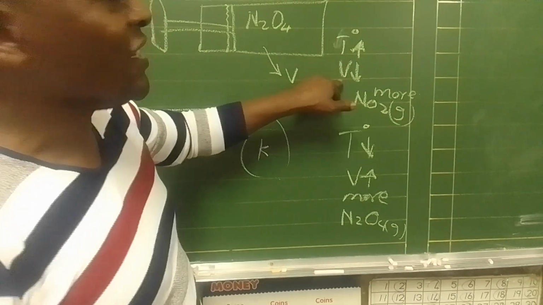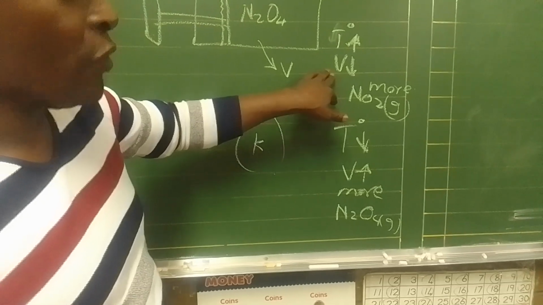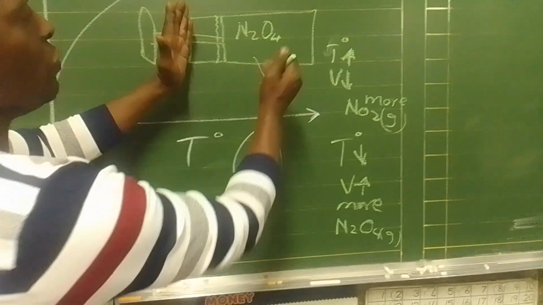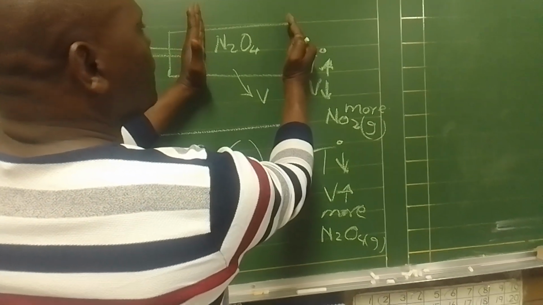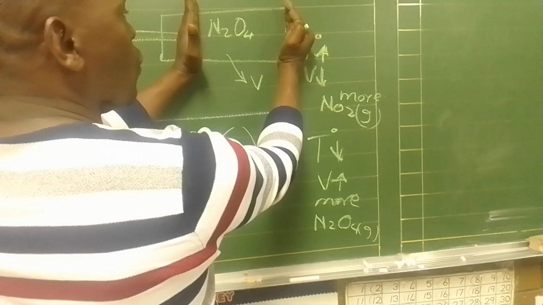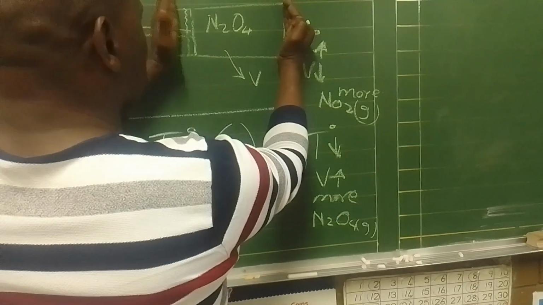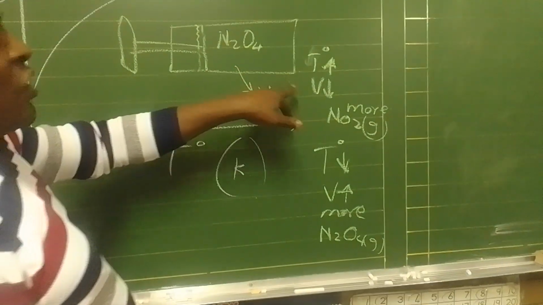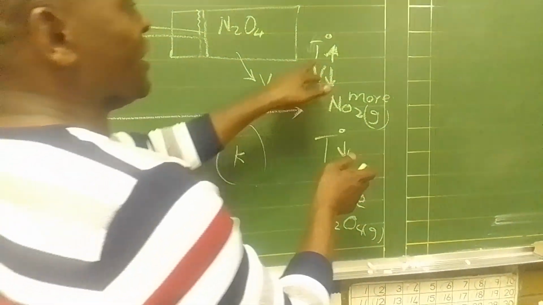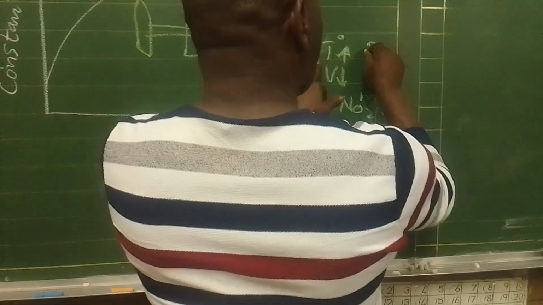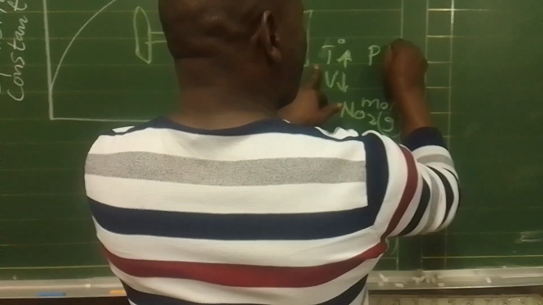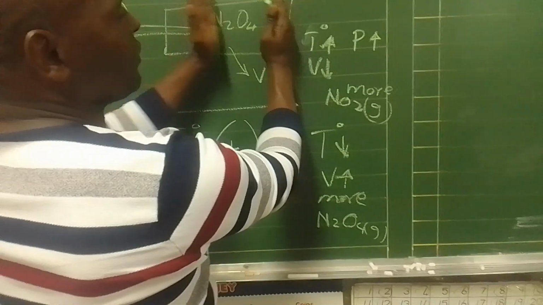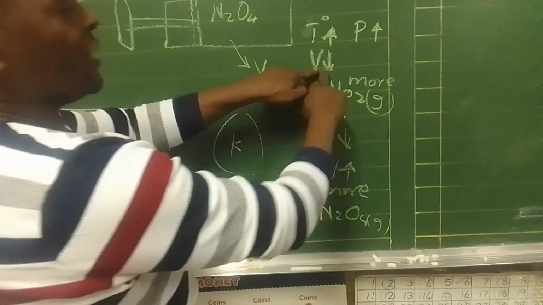The temperature is inversely proportional to the volume. That means if the volume is big, the temperature is low. When you press this, you increase the pressure. When you increase the pressure, the temperature also increases.